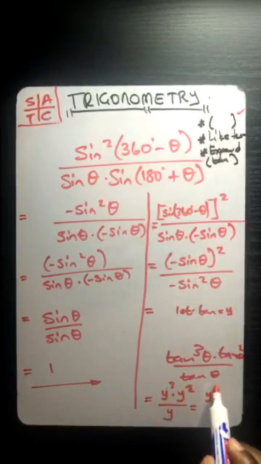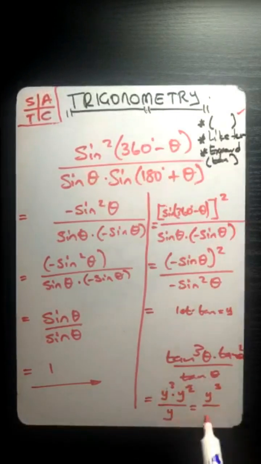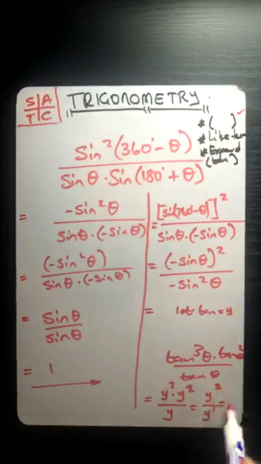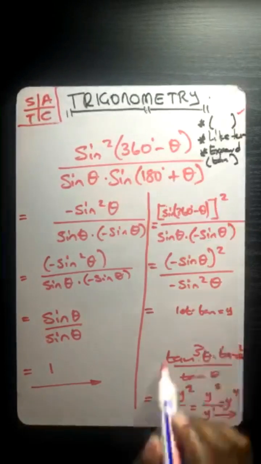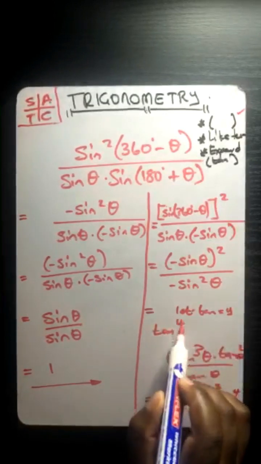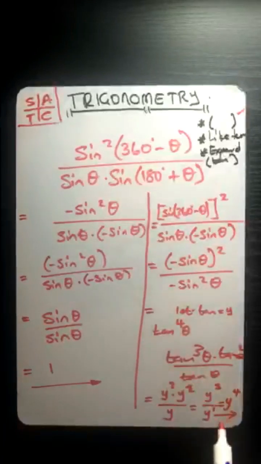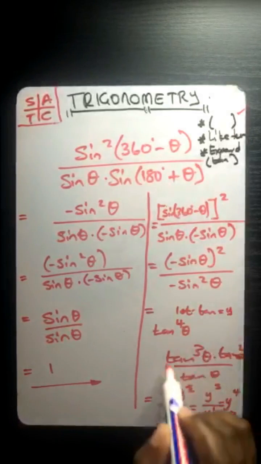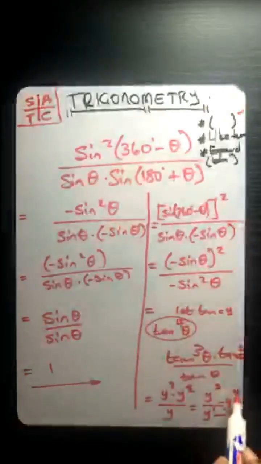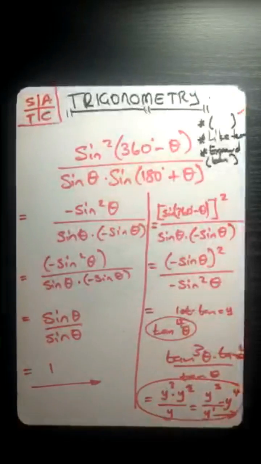So you're having y to the exponent 5 over y. Obviously, there is an invisible 1. So it's y to the 4, 5 minus 1. Then it's done. If you try to simplify that, it might end up giving you that. But the principle behind the tan, you can take it as something else.